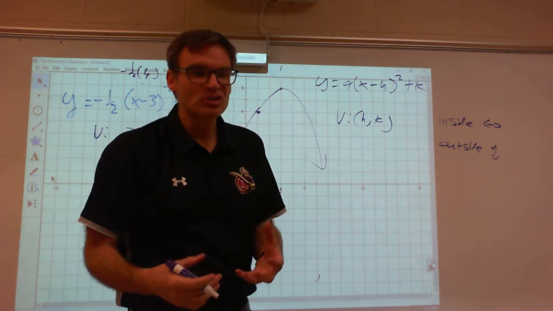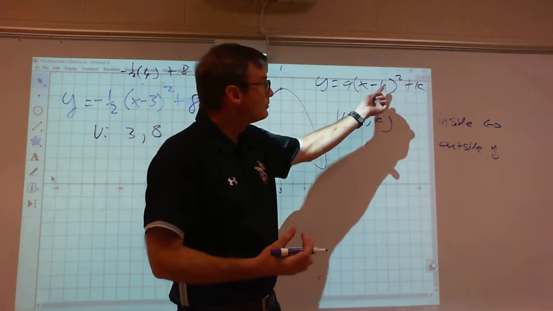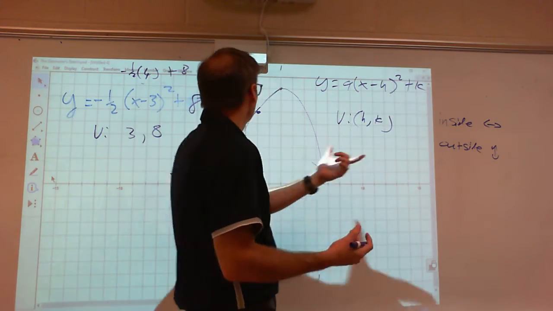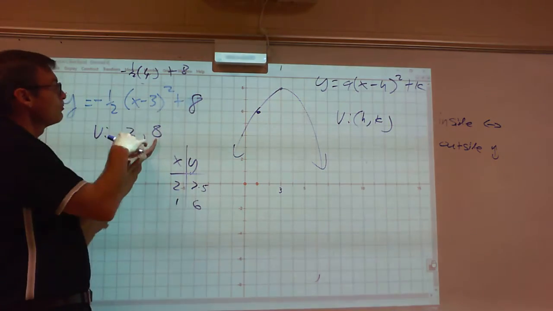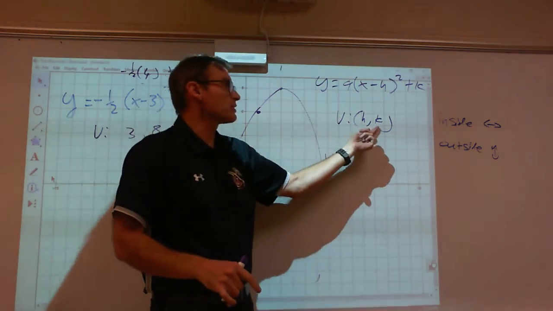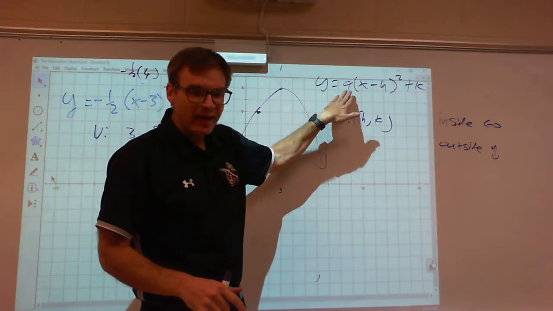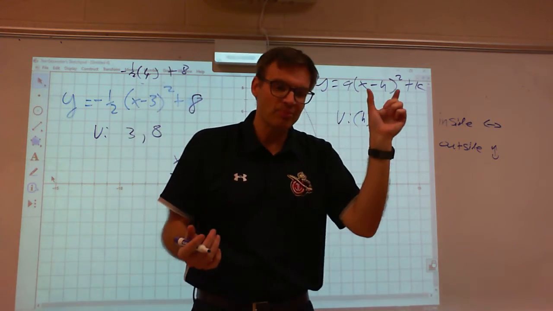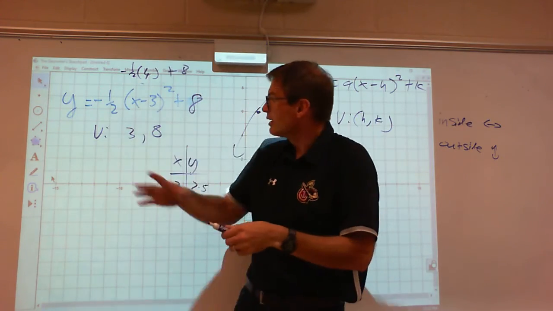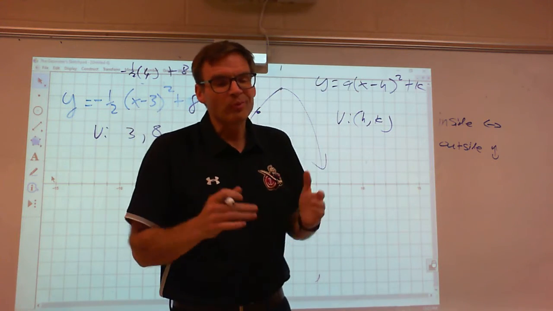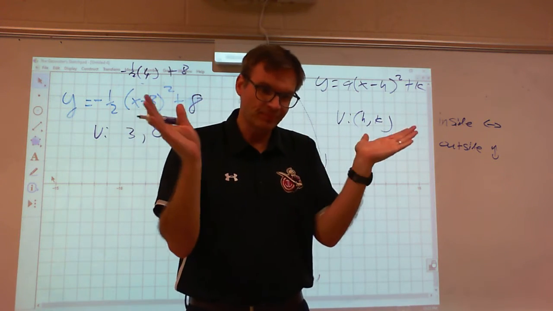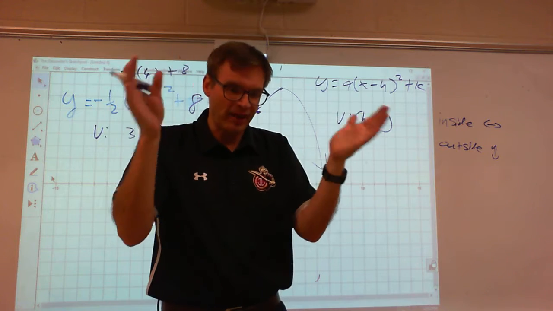I tried to present this with numbers. For example, if this is h and k, right? If this is a 3 and an 8, we said our vertex was 3, 8. They're saying your vertex is h and k. They talk about A, like if A is positive, you get a happy face. If A is negative, you get a sad face. That's what happened here. And they talked about how the fractions make it steeper or fatter or skinnier.